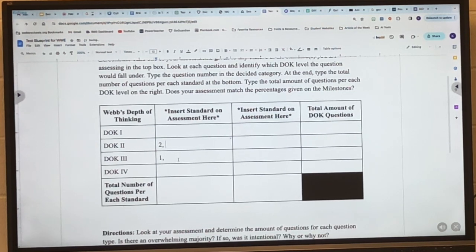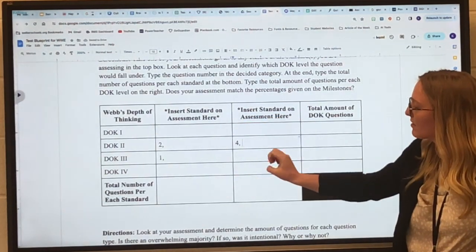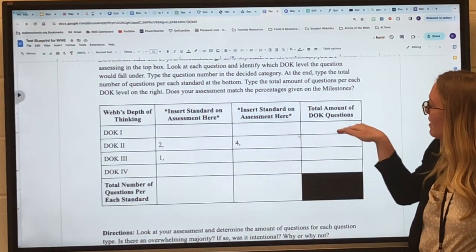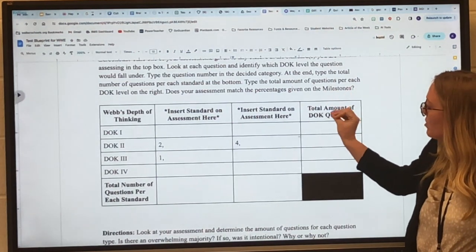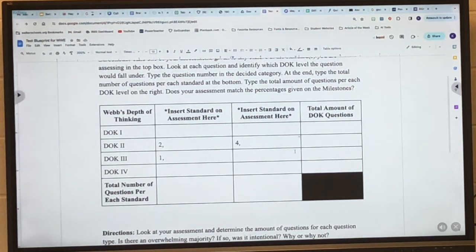Say you had another standard that fell for number 4. So you're looking at your questions for your test, and you're putting them in the correct level. Then right here it wants you to add the total number. So I would go 2 and 1.